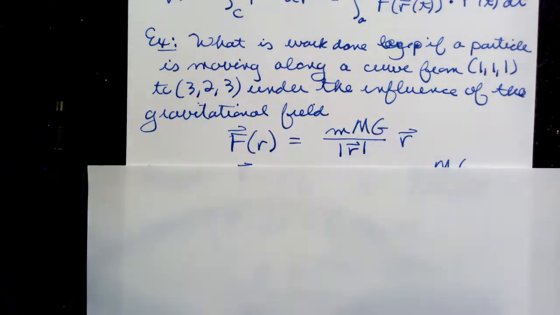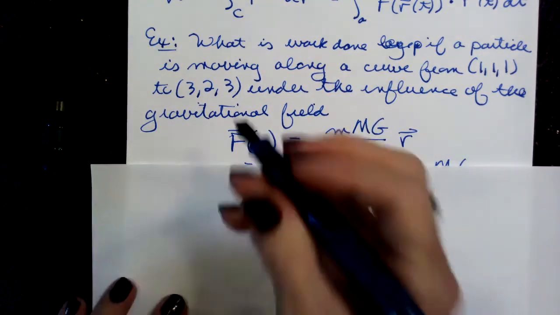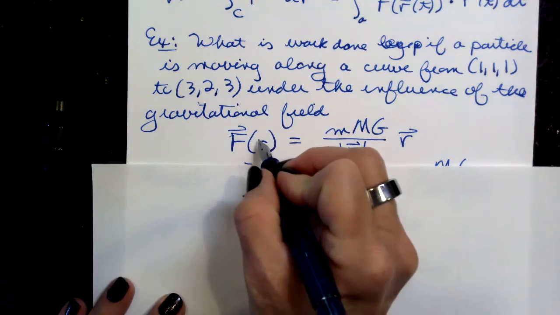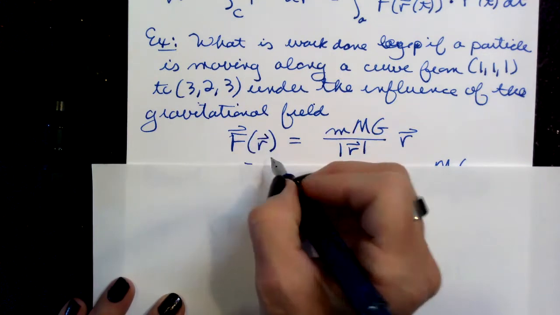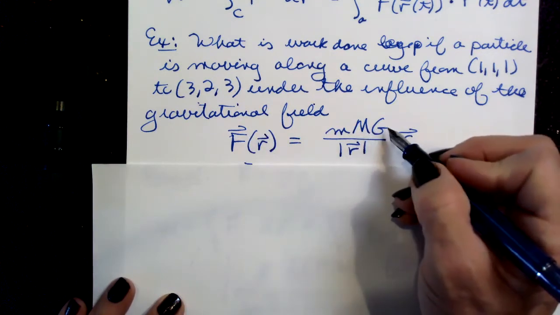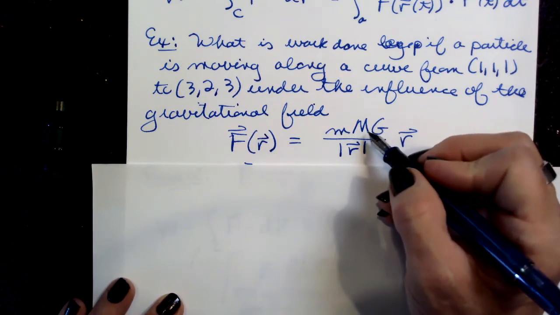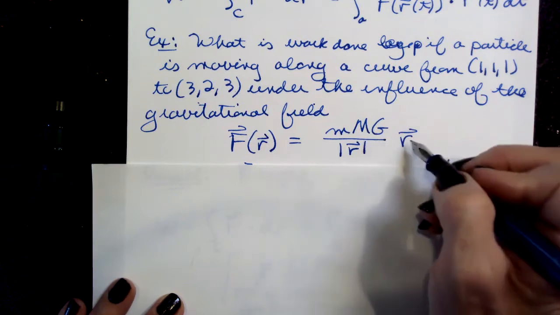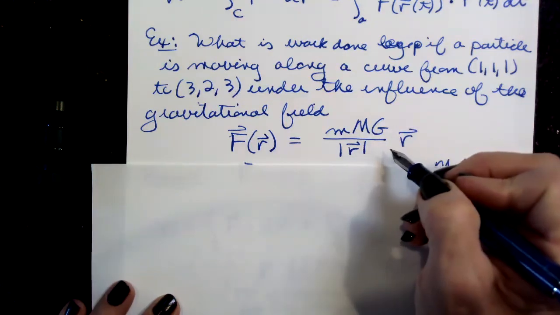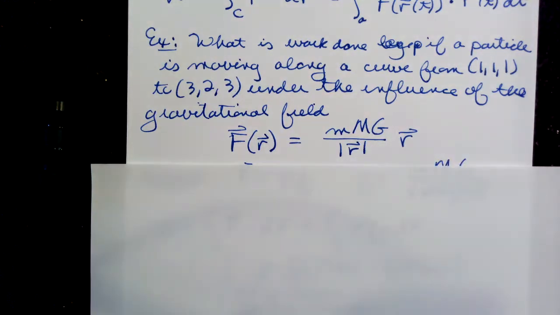Then we can write the gravitational field as little m capital M g, where g is the gravitational constant, times r divided by the length of r. Okay, so that's an inverse square field.